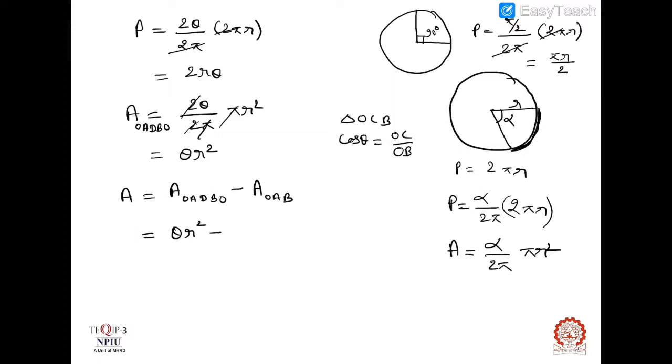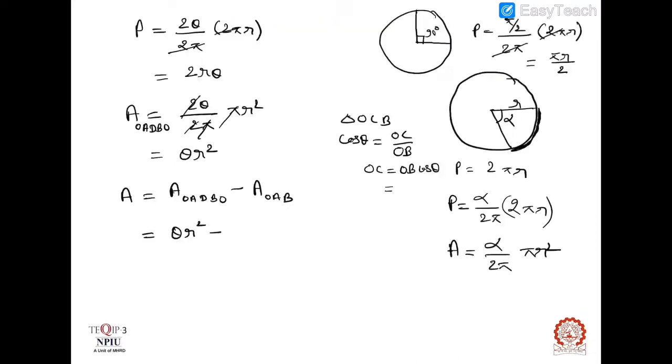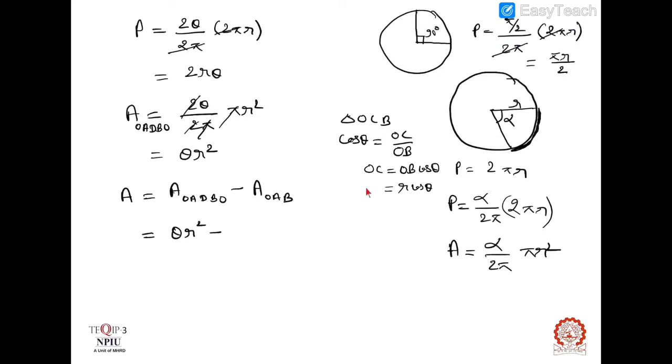So OC is equal to OB cos theta and OB is R. So this is R cos theta, and in similar way BC will be R sin theta.